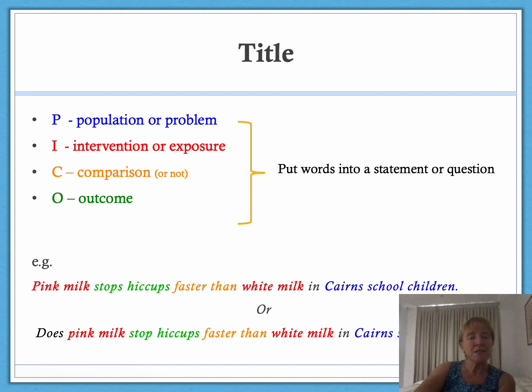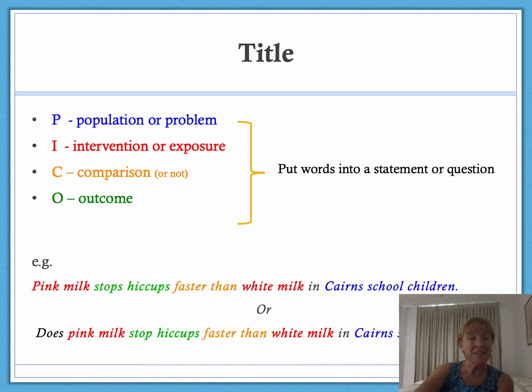So for instance, pink milk stops hiccups faster than white milk in canned school children. Or if you state it as a question, does pink milk stop hiccups faster than white milk in canned school children? You can see there the population or problem in blue is the canned school children. The intervention or exposure is milk, pink milk and white milk.